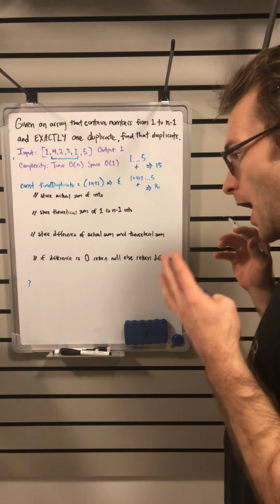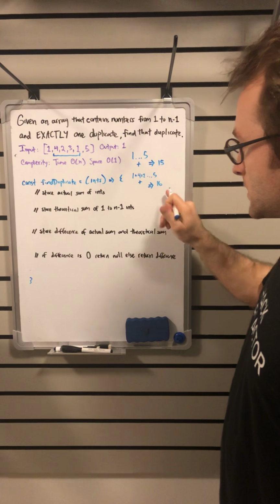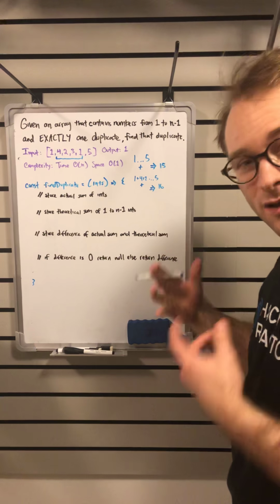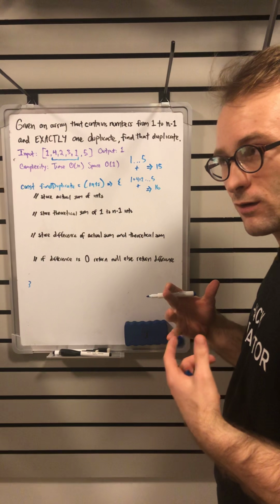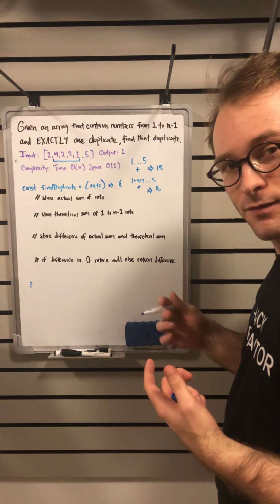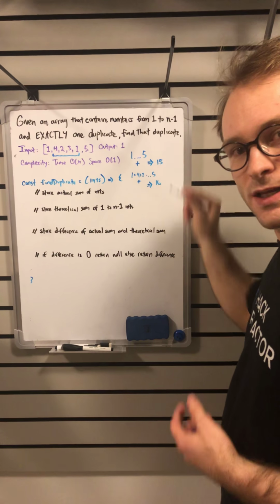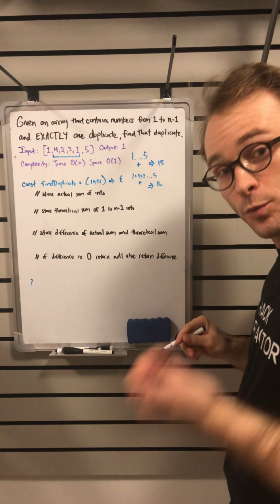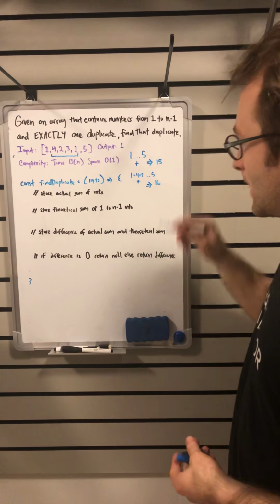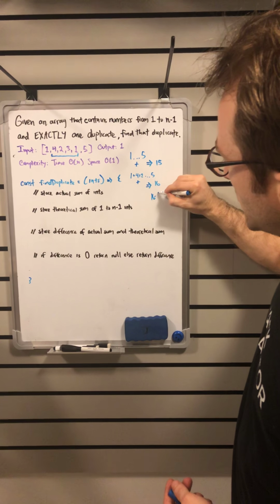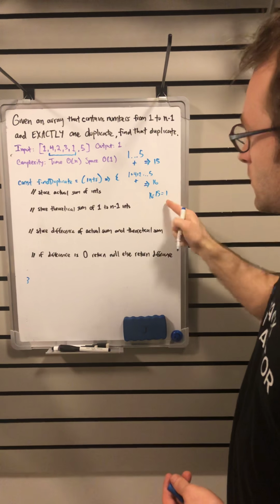So I'm saying if this is the actual and this is the theoretical sum that you should have with a range like this, then if you take the difference, it would give you the duplicate, which is 1. And if we do 16 minus 15, it indeed gives us 1.